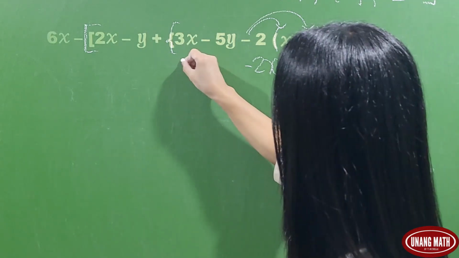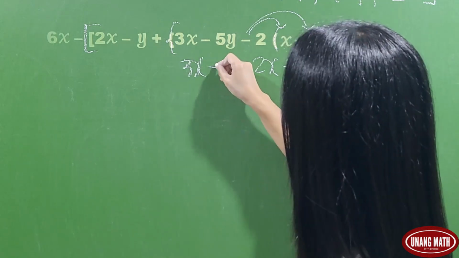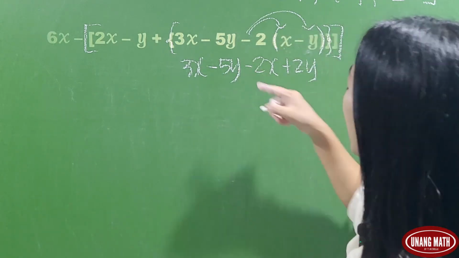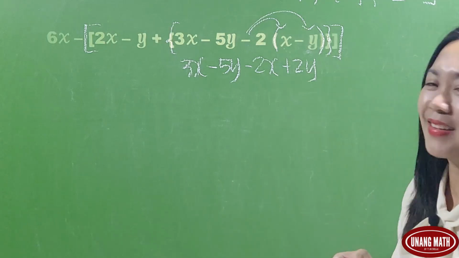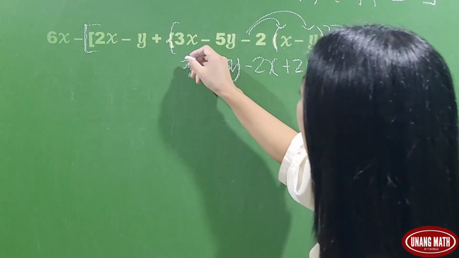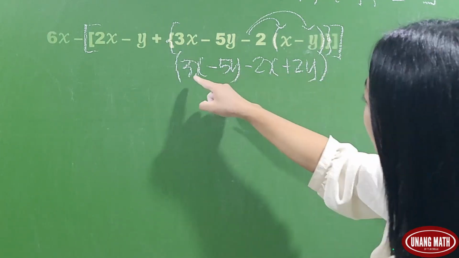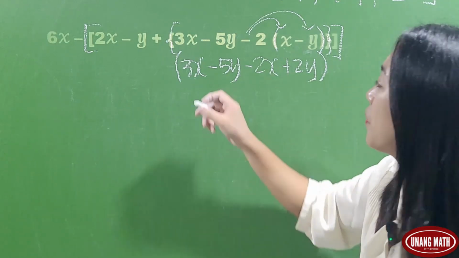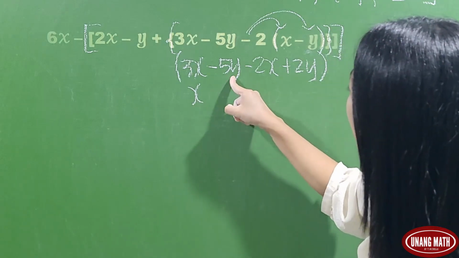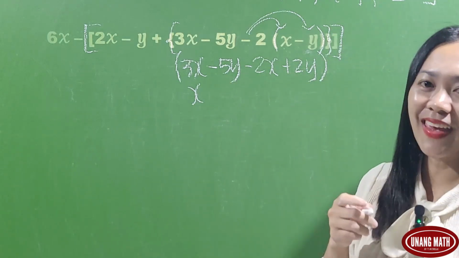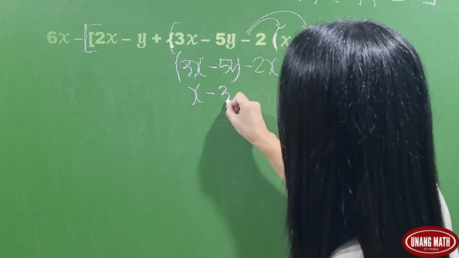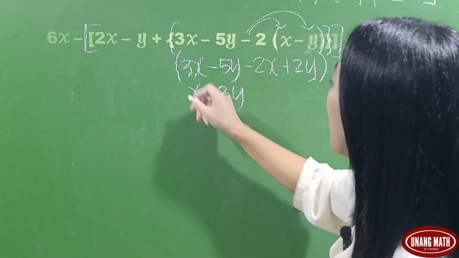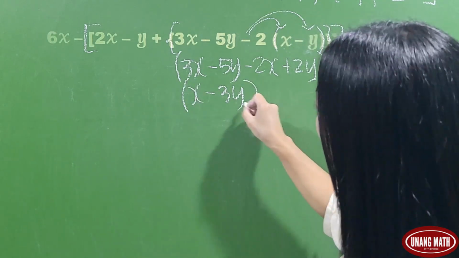So this is 3x minus 5y minus 2x plus 2y. Simplify this expression. 3x minus 2x would be x. And negative 5y plus 2y is negative 3y. So this is minus 3y.